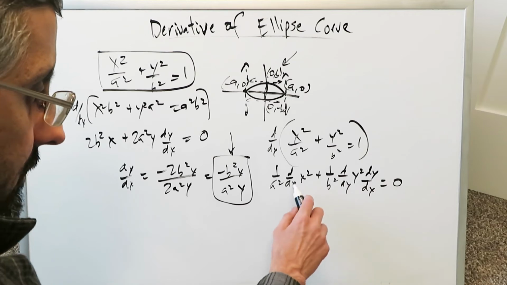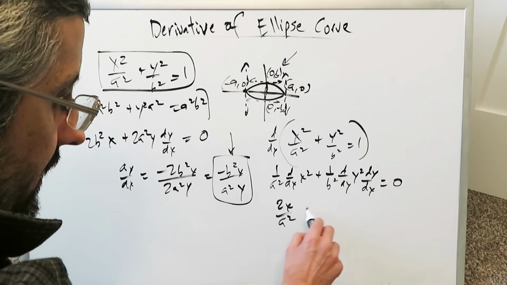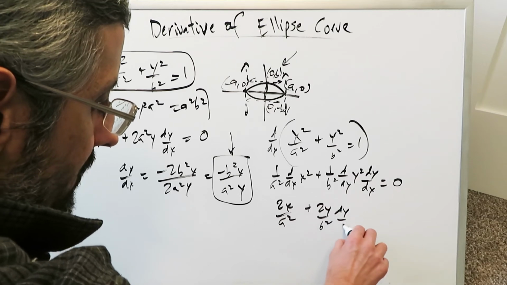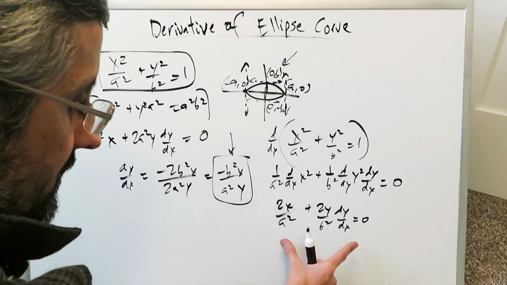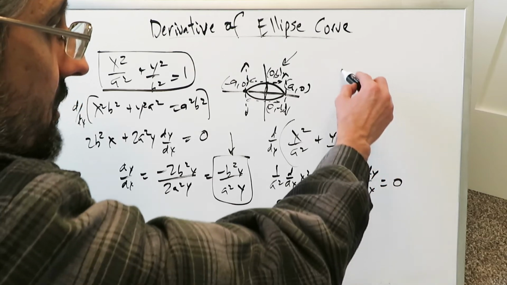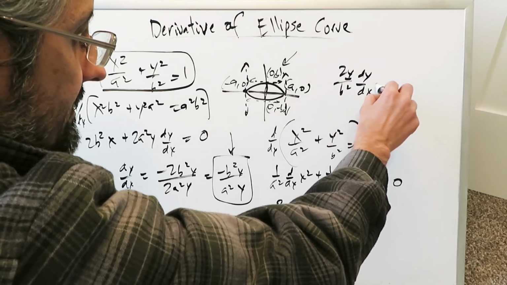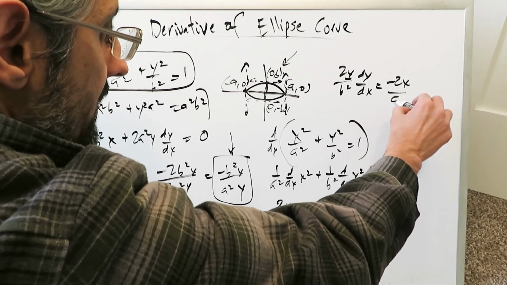You can look at it this way. You'll have 2x over a squared. Here you'll have 2y over b squared dy over dx is equal to 0, and then you can solve this out and see what happens. You'll have 2y over b squared dy over dx is equal to minus 2x over a squared.